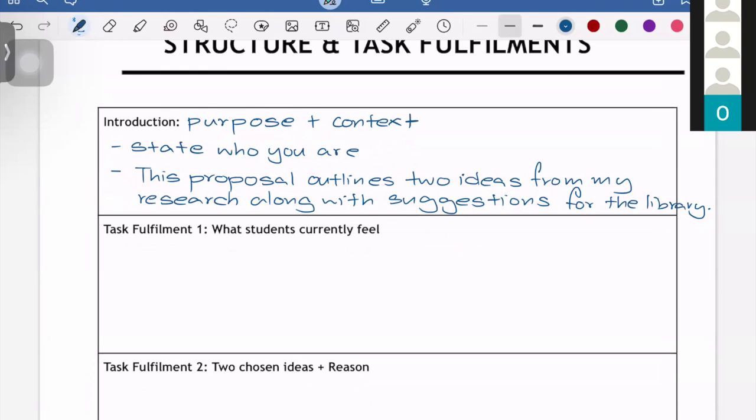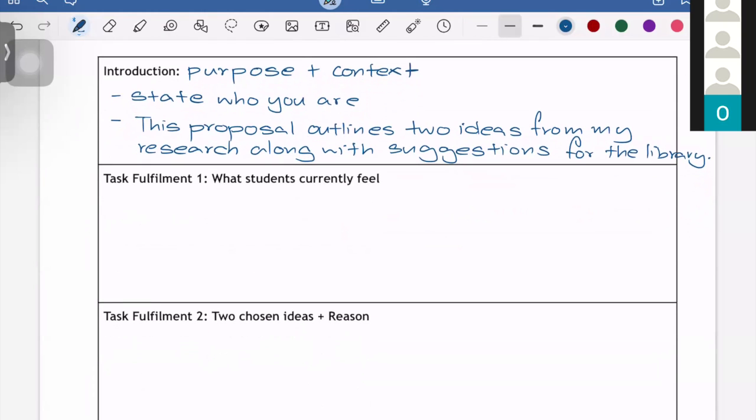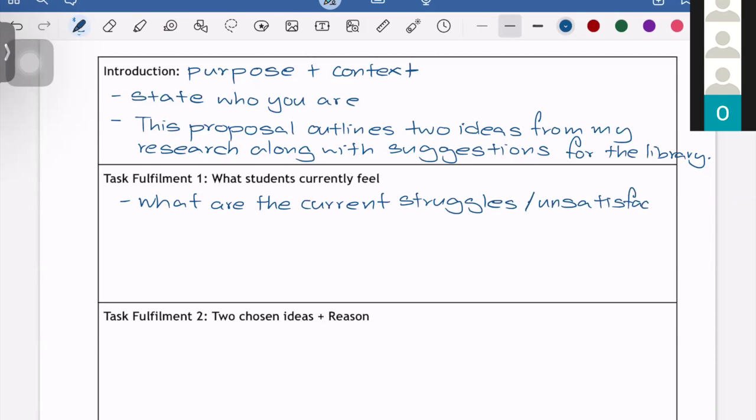It would be your body paragraph. Task fulfillment 1, what students currently feel. So just now we talked about what are the current struggles they have, or unsatisfactory factors.